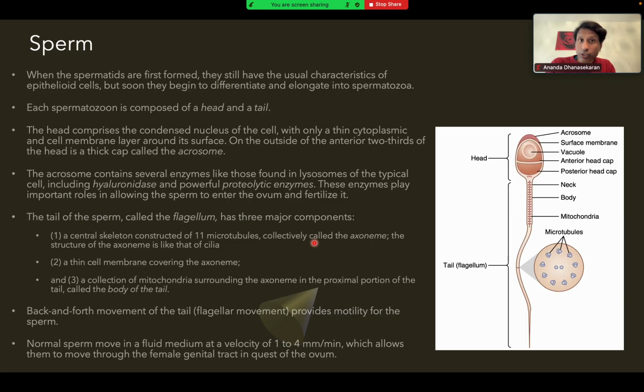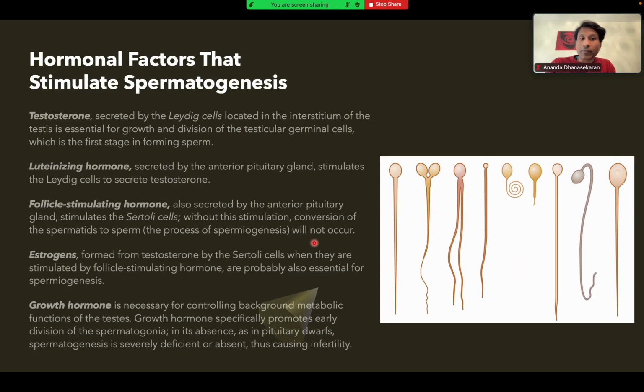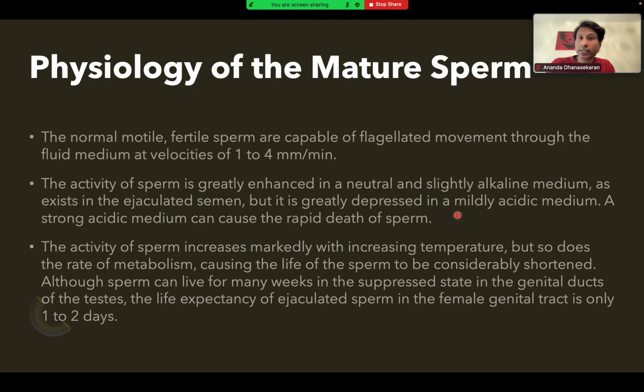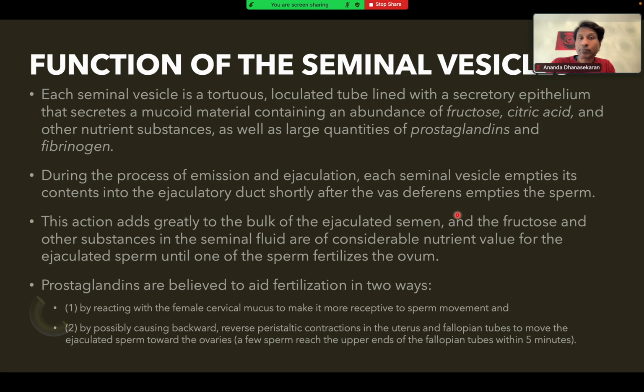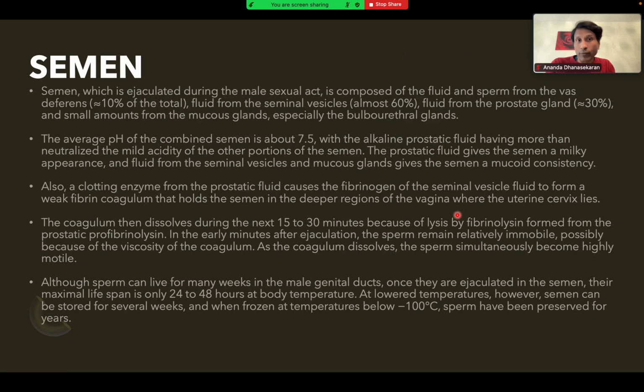We discussed the structure of the sperm in detail. We discussed what hormones control the sperms, and if they are not controlling, we get all these abnormal sperms. We discussed how a mature sperm works, why alkaline and other enzymes are very important. We discussed how the seminal vesicle works and how the prostate gland works.